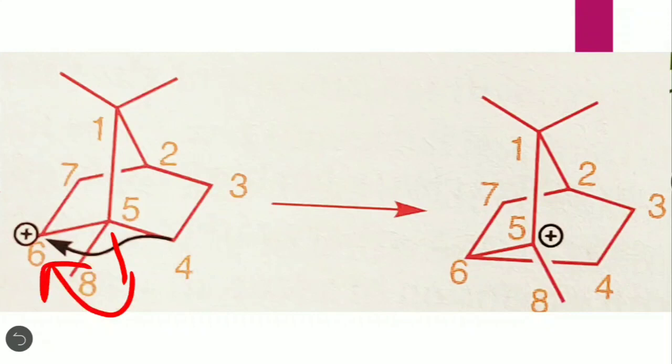But we have seen the new bond is formed between the fourth and sixth, so this fourth bond will be migrated. The bond between the fourth and sixth carbon is formed, and a more stable carbocation is formed at the fifth carbon.